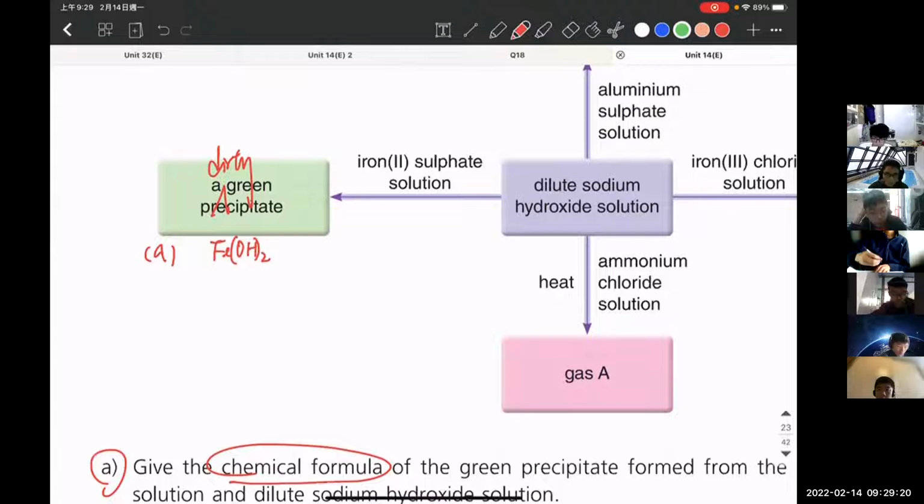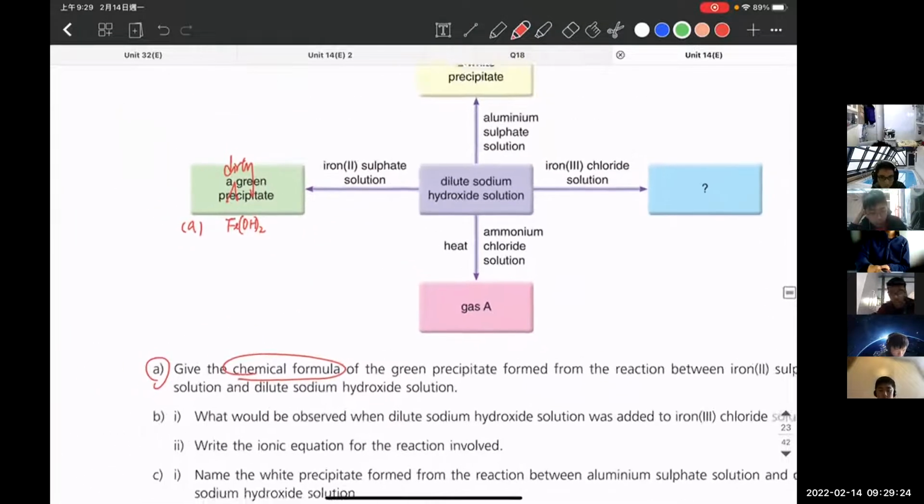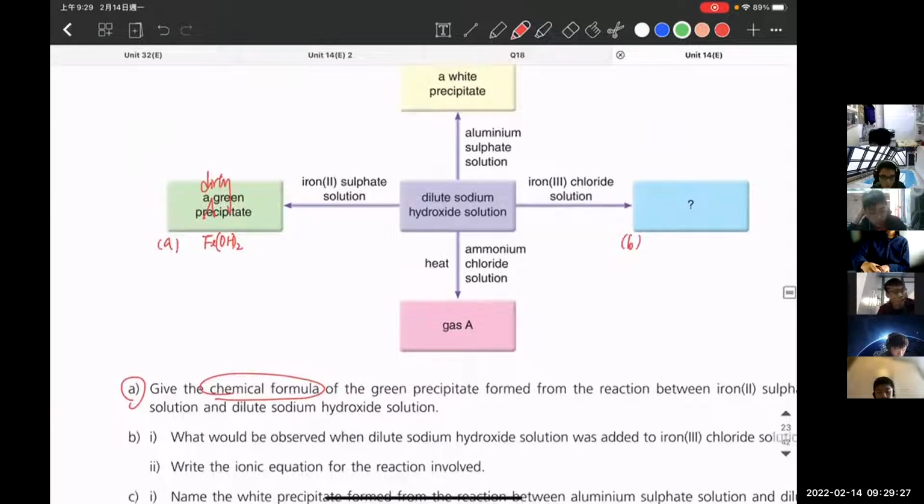How about B? What would be observed when dilute NaOH solution is added to iron(III) chloride? So what is the observation?